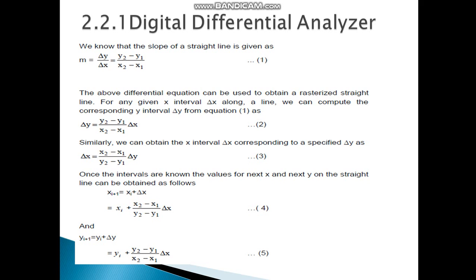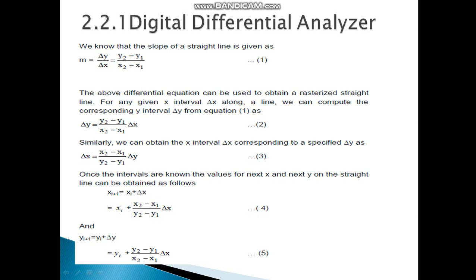Okay, the above differential equation can be used to obtain a rasterized straight line. For any given x interval delta x along a line, we can compute the corresponding y interval delta y from equation 1 as delta y is equal to y2 minus y1 upon x2 minus x1 into delta x.